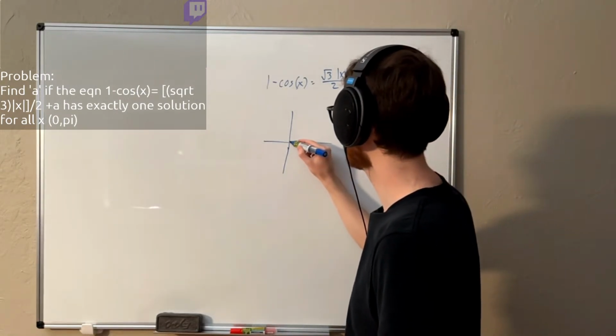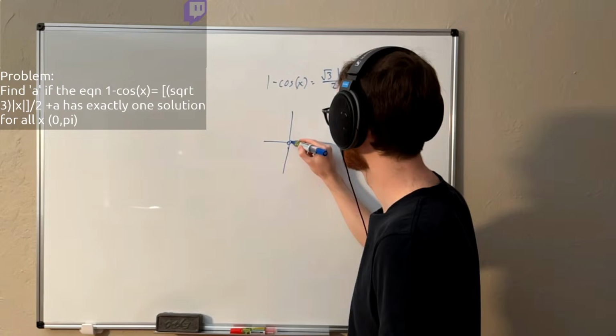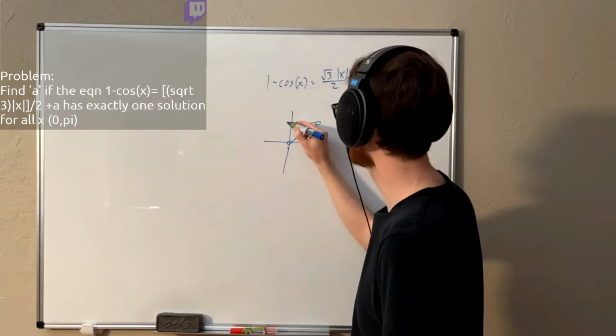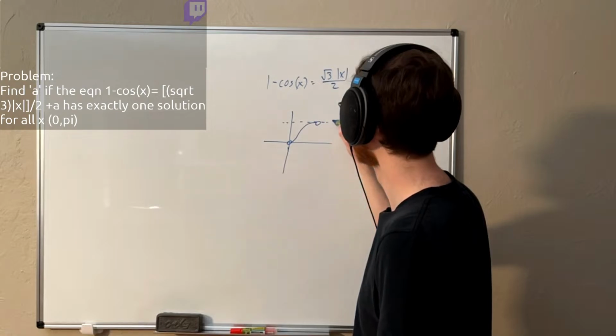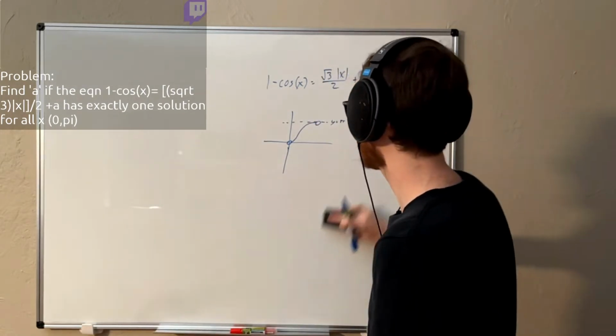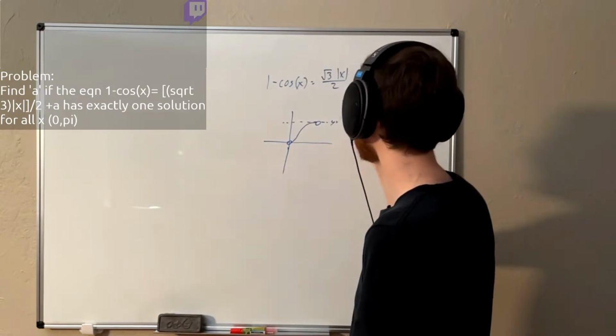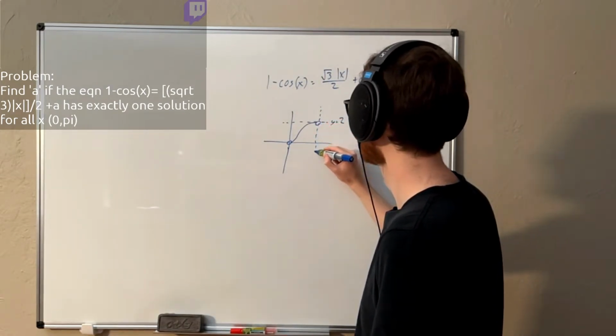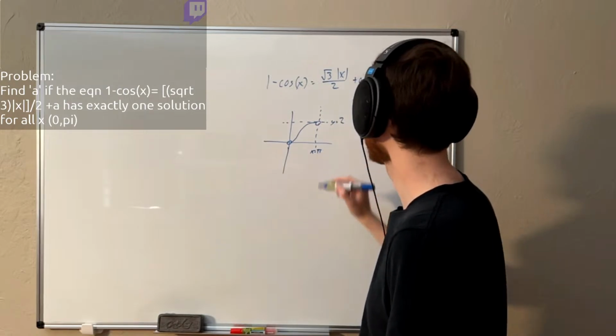So I think it's going to look something like that. Oh, sorry. It's going to go as high as 2. And then to the right as far as pi.